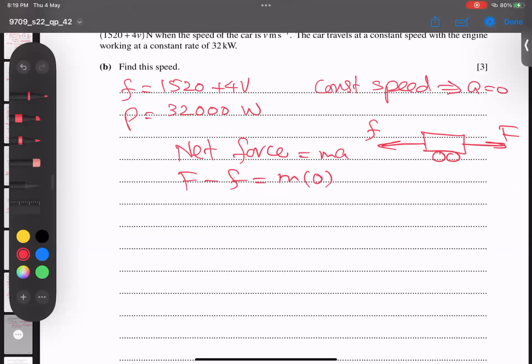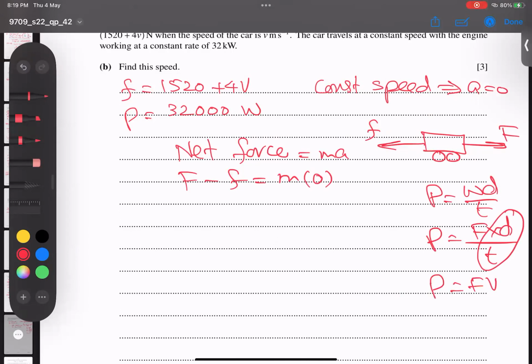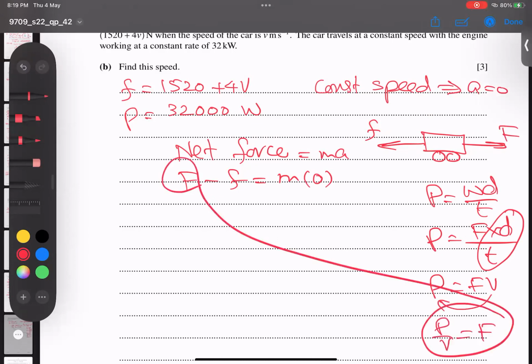And what is the formula for power? Power is equal to work done by time. All of you know it. And work done is force into distance, also familiar. But distance by time is speed. So F into V, this formula you are already familiar with. So if I bring this down, I get P by V equal to capital F. This value I will replace. Why do I replace this value here?